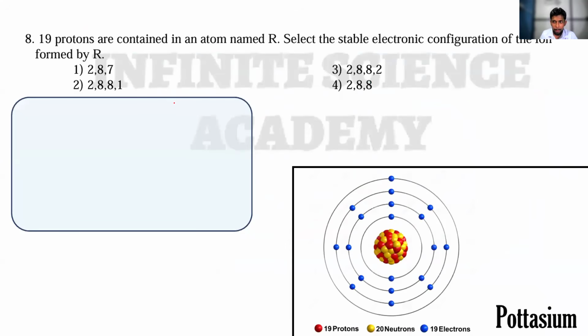Question number 8. Can anyone tell me the answer for this question, Bala? They have mentioned there are 19 protons. Very good. If they have 19 protons, definitely they will have 19 electrons.